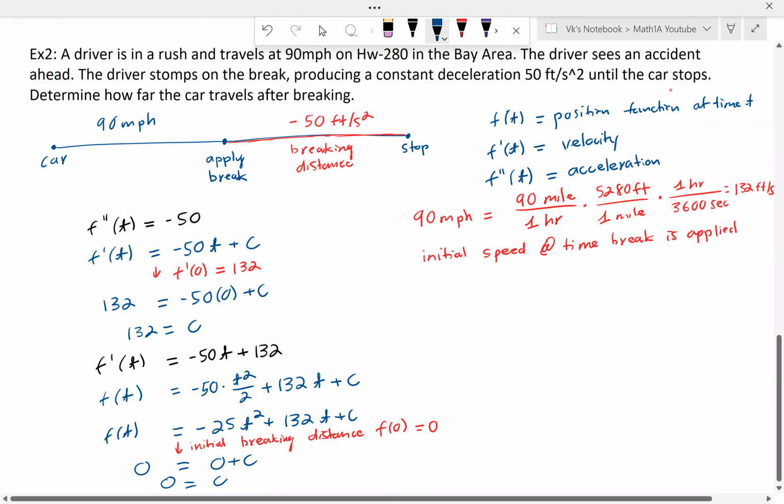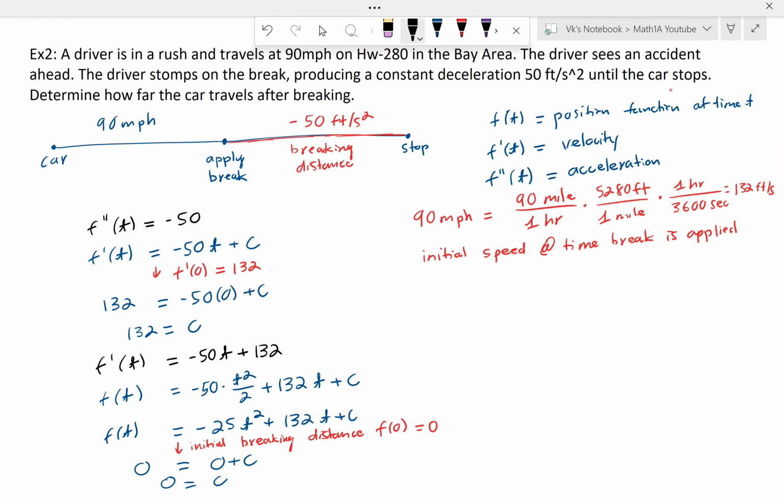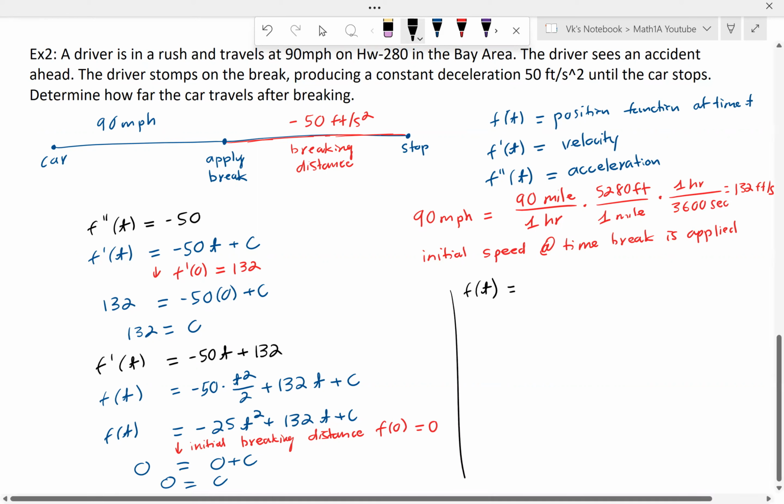And then from here, we have f of t to be negative 25 t squared plus 132 t. We need to use the fact that the car comes to a complete stop when the velocity is equal to 0.